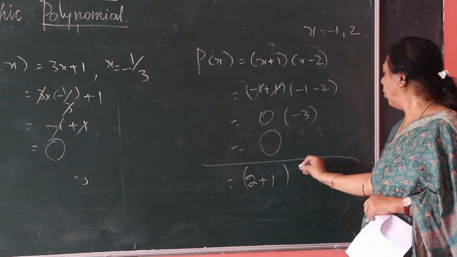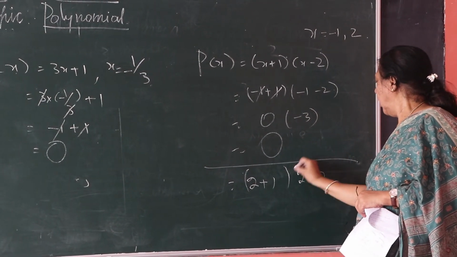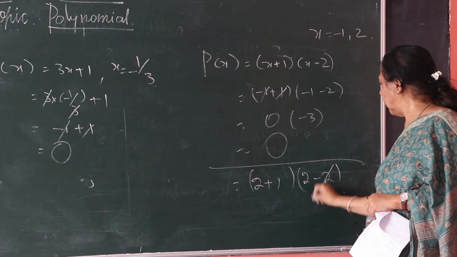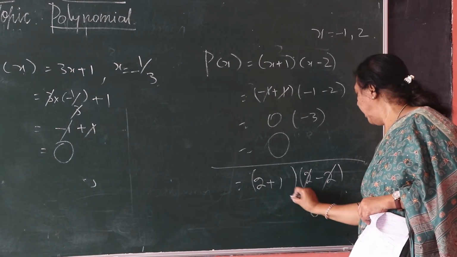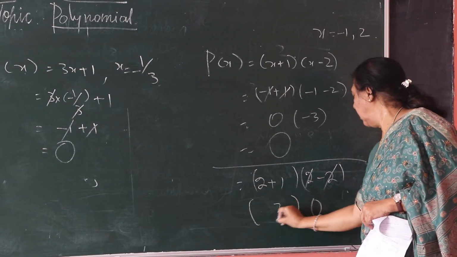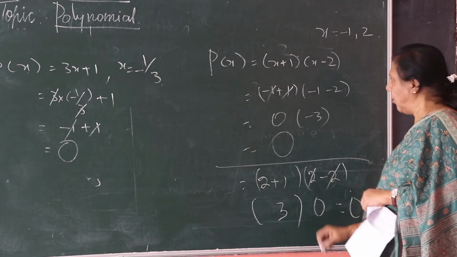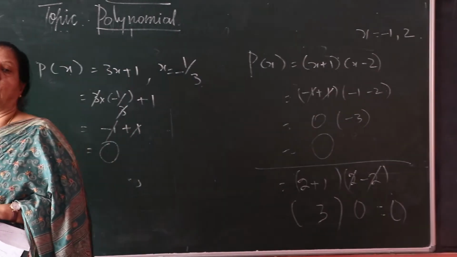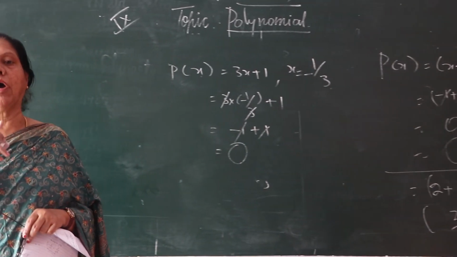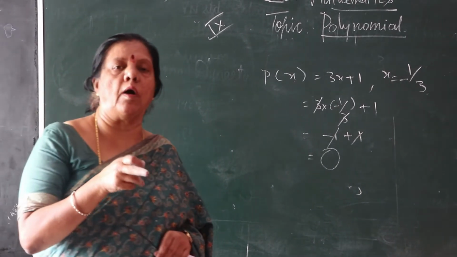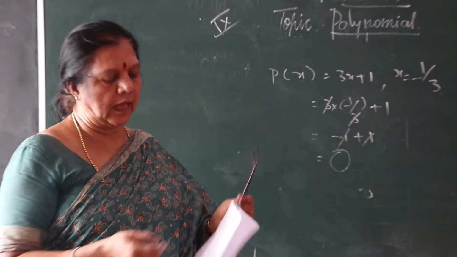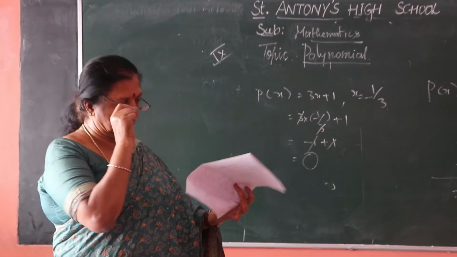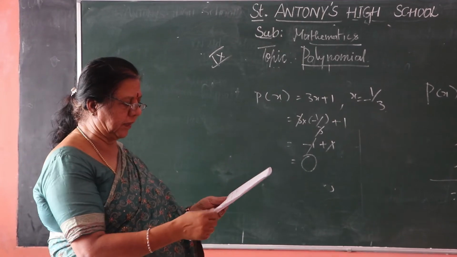Okay children, 2 minus 2. See 1 plus 2, 1 minus 2, 0 into 3 is equal to 0. So this is the way you have to verify whether these polynomials are 0 or not for the following value of x. This is very simple sums.